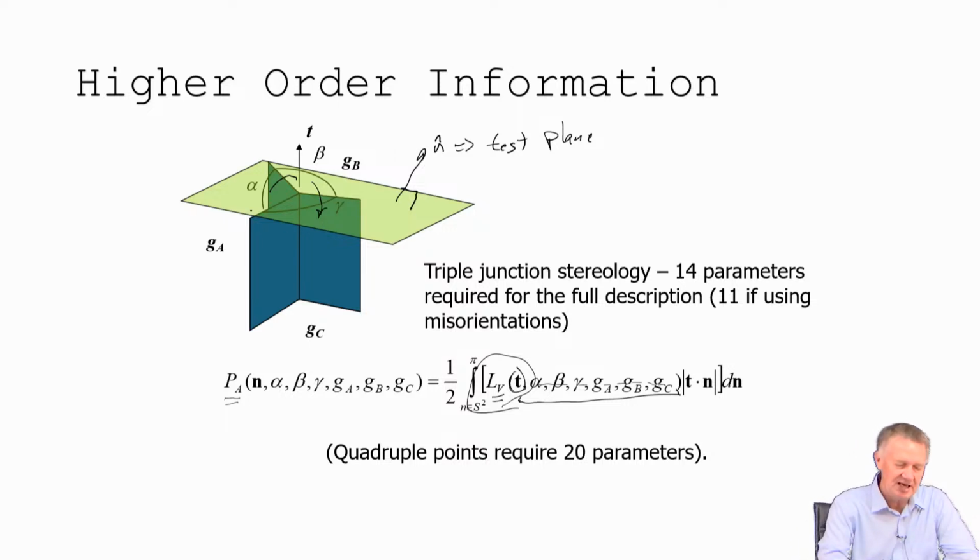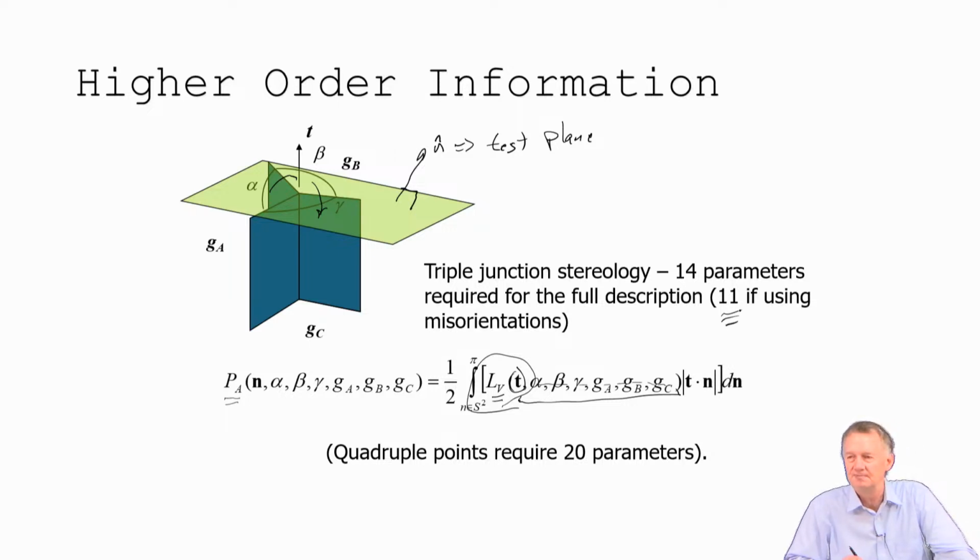And then we know C to A has to take us back to the original place. So we can just set the three of those equal to an identity, and we know that we have the third misorientation. So then we can knock out three of our parameters here, and so we end up with 11. So that's what we say. There's 11 parameters to uniquely describe a triple line.